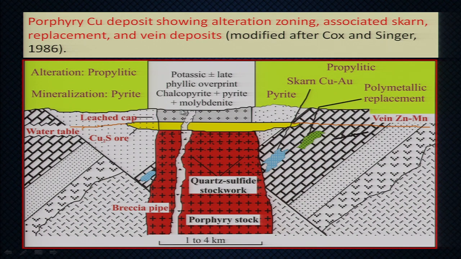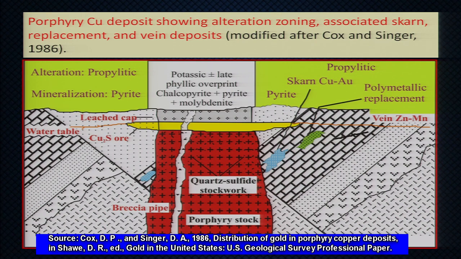After leaching, these solutions percolate downwards and again form a secondary copper deposit, Cu2S copper ore deposit, but this is secondary copper, it is not a primary copper deposit. So, below the water table the secondary copper deposit is formed here. So, this is a stockwork and associated various types of deposit.